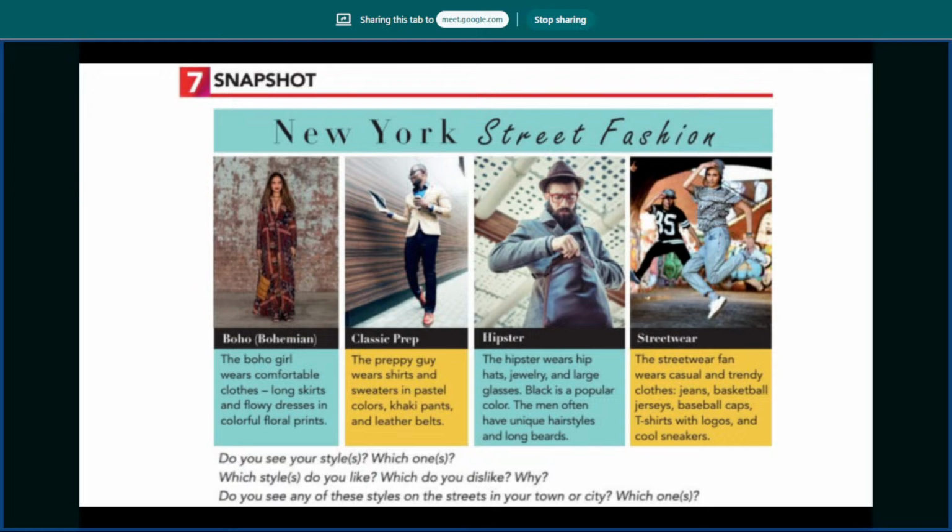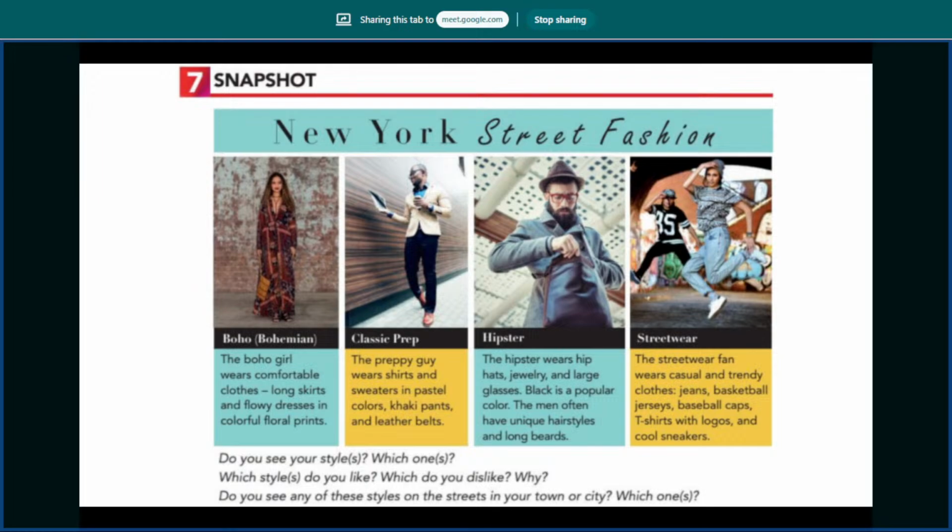So usually we can see streetwear in India, and in offices sometimes we can see classic wear, but I don't see any boho or hipster in my area. Okay. What about you, Harish? Yes, I see classic, preppy and streetwear regularly on the streets.